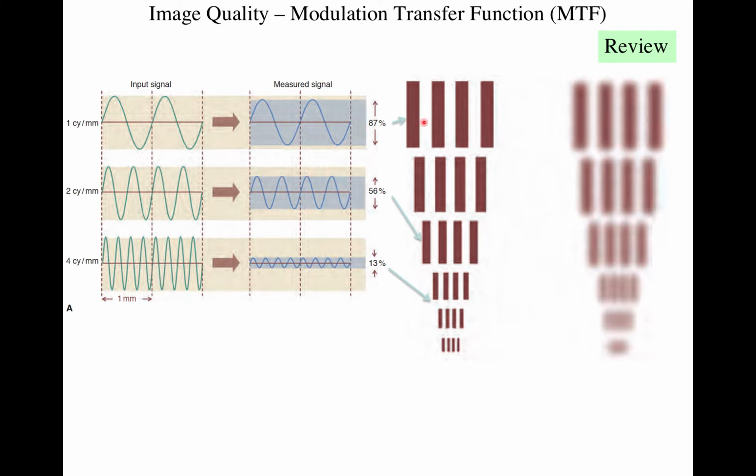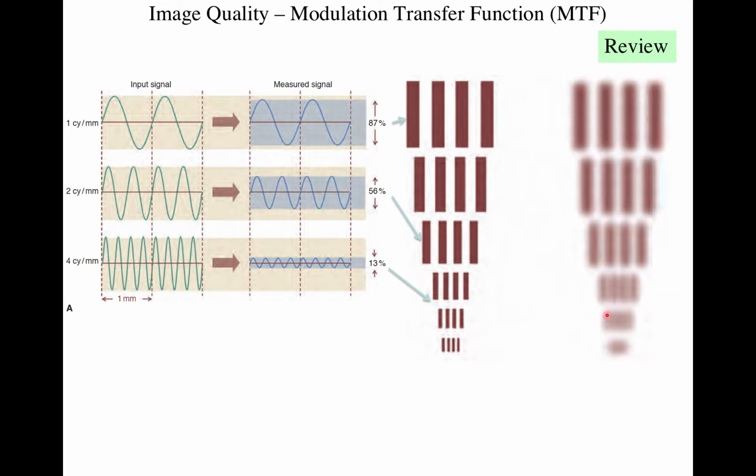So again, what this means is that at spatial frequencies, when you look at cycles per centimeter or cycles per millimeter, the MTF is causing a reduction in the contrast of objects that have higher and higher spatial frequencies, and the outcome is this.